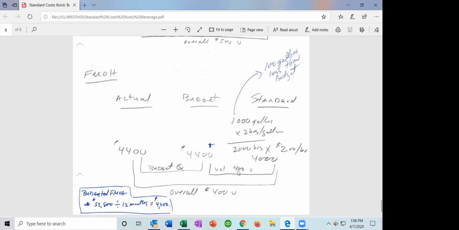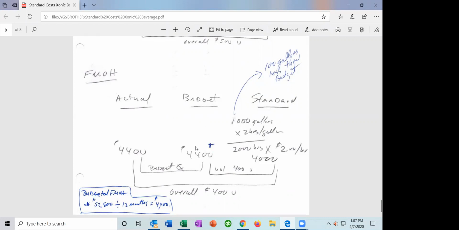Let's look at fixed manufacturing overhead. Now, this one's a little different. Please look carefully at the column headings. Actual, budget, and standard. So the actual was given to us in the problem at $4,400, but what was the budget?